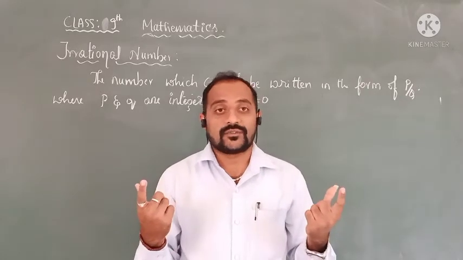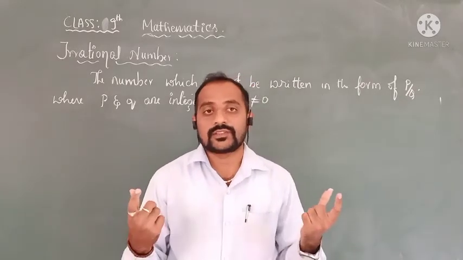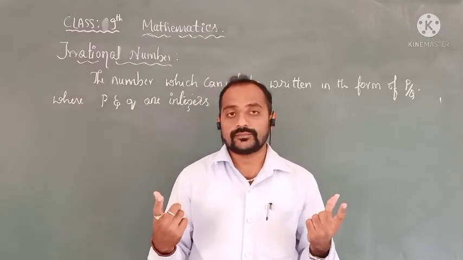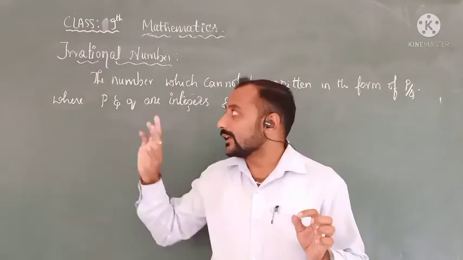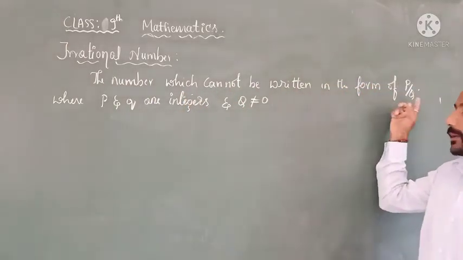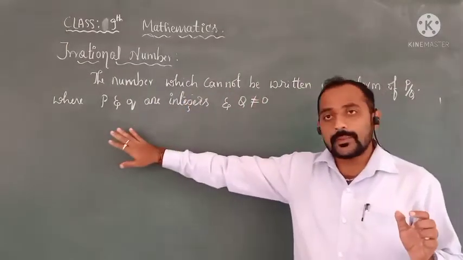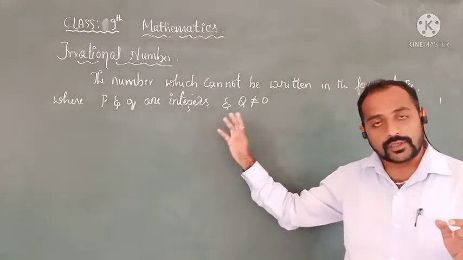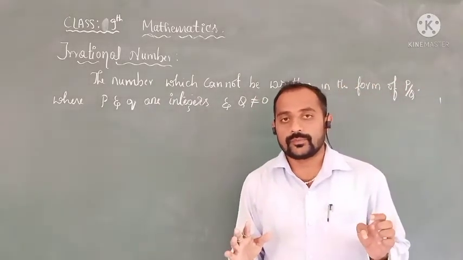That is the difference we can find between rational and irrational. An irrational number cannot be written in the form of p by q, where p and q are integers and q is not equal to 0.